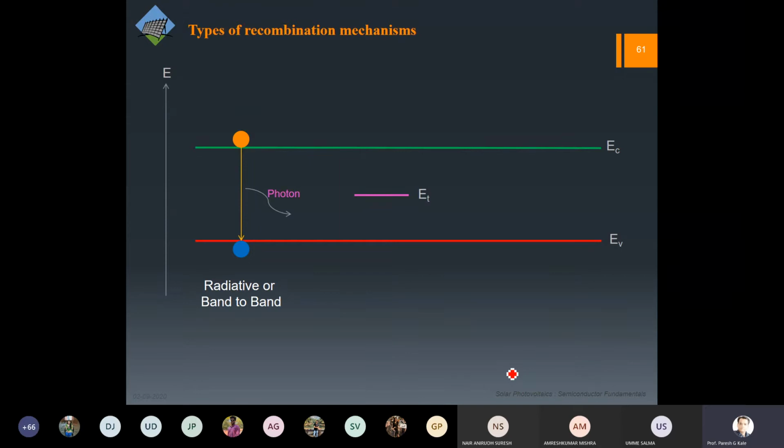It has to come down to the valence band only. It cannot sit somewhere in between. But now, because of this impurity, it has more choice and it can come to this trap level. At that time it gives out a photon like in radiative, but whatever extra energy there is can knock out another electron from the valence band, and that can also come to the trap level. So this is called trap assisted, or in a simple sense, Shockley-Read-Hall, SRH, recombination.